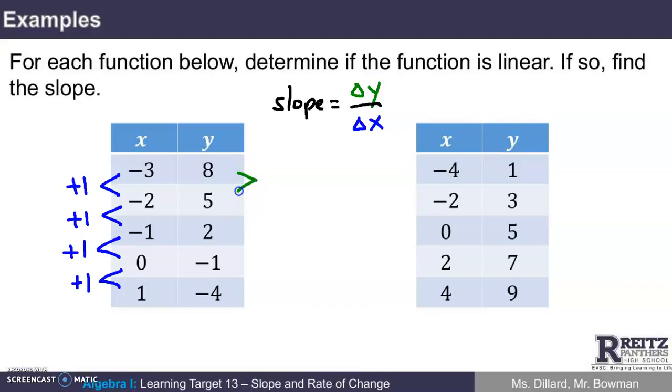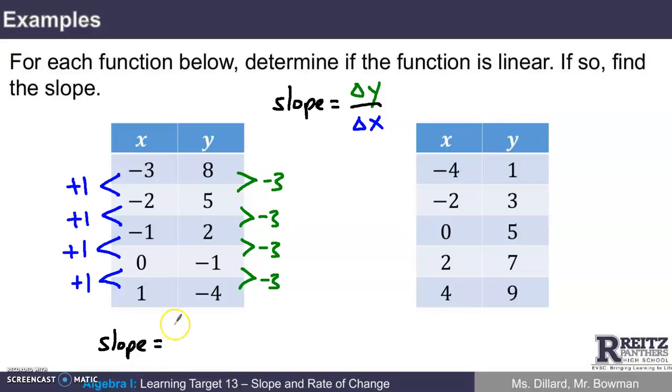It looks to me like I can do -3 each time. 8 minus 3 is 5. 5 minus 3 is 2. 2 minus 3 is -1. -1 minus 3 is -4. So is it linear? Do I get the same change in y over change in x each time? Yeah. So the slope is, well, what is the slope?